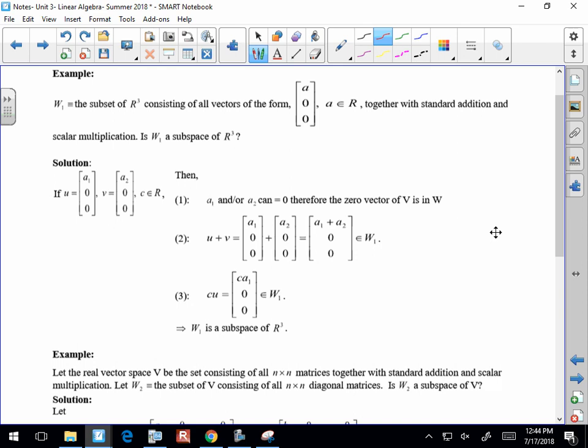So I've worked out examples here just because they're of the simple variety. It didn't really warrant us actually physically writing anything. So W sub 1 is by definition the subset of R3. Right, that's the equal sign with three horizontals. Well, I'll just write it. It means equal by definition.